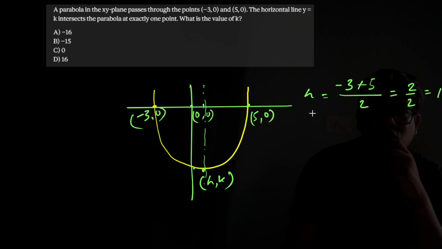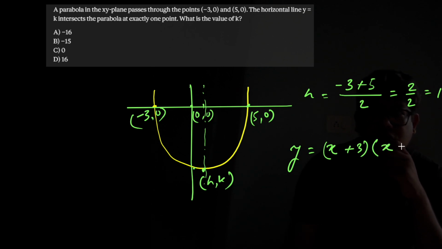Now again, as we did previously, we're going to first find a formula for this parabola. So what will be the formula? Very easy. It will be y is equal to, because it passes through minus 3 comma 0, we can write x plus 3 multiplied by x, again it passes through 5 comma 0, I can write it as minus 5.